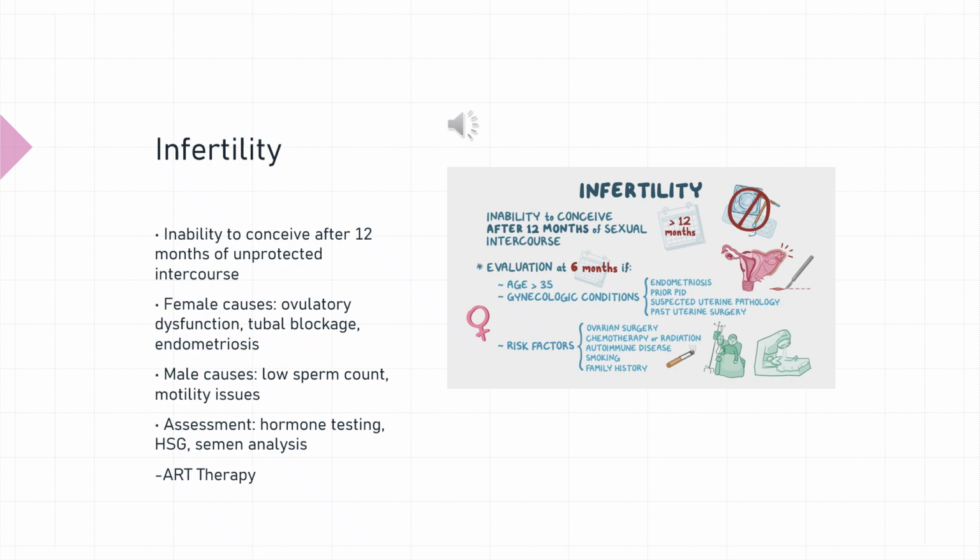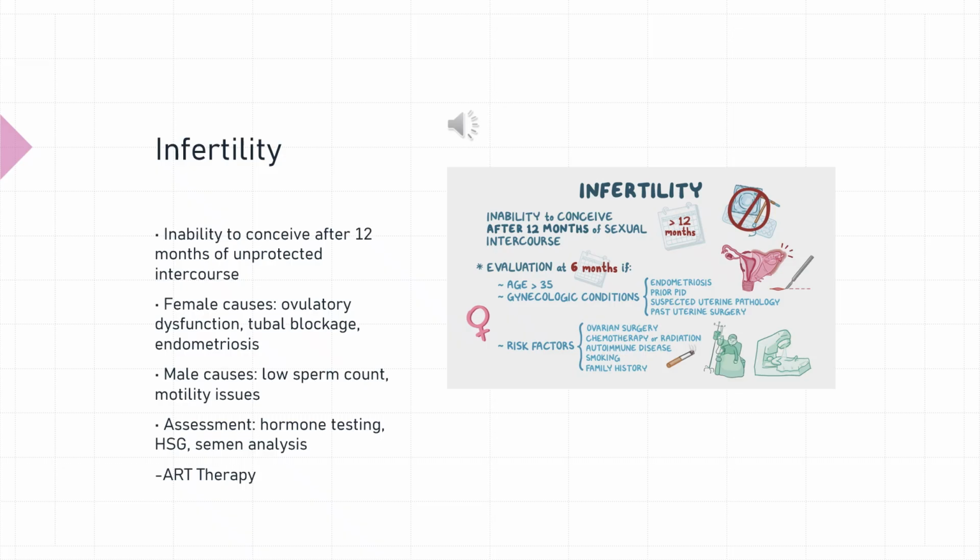Male factors typically will include low sperm count, or the sperm has an abnormal morphology, which is the structure of the sperm, or poor motility, to where they're not entering into the cervical opening and meeting the egg. Other things like low testosterone or drug and toxin exposure can also impact infertility in a male.